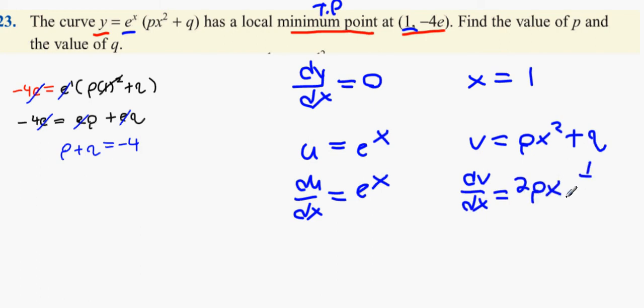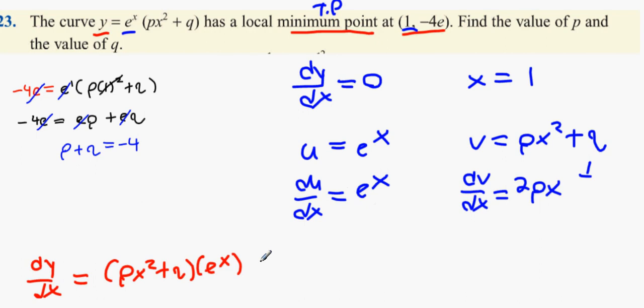So what we're going to get here is dy/dx equals v times du/dx, so it's going to be px squared plus q times du/dx, which is e to the x, plus u times dv/dx, so that's e to the x times 2px.